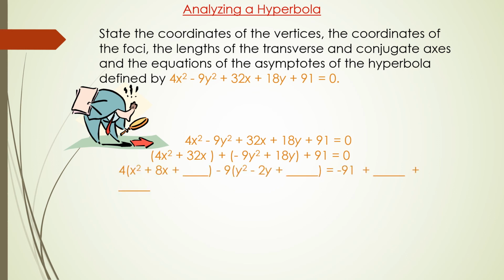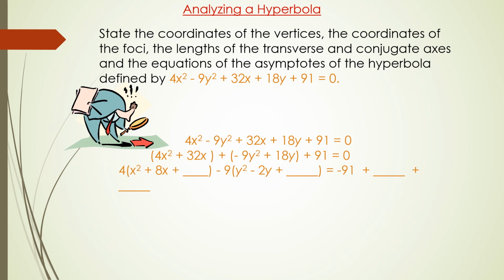Next, you have to factor out common terms. For 4x squared and 32x, the common factor is based on the coefficients, the numbers 4 and 32. The greatest common factor is 4.